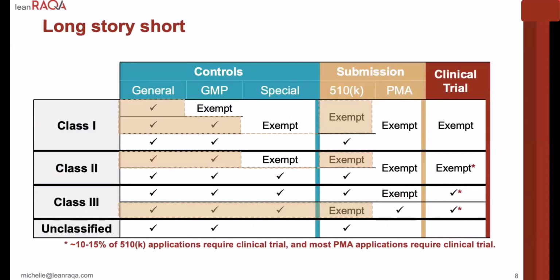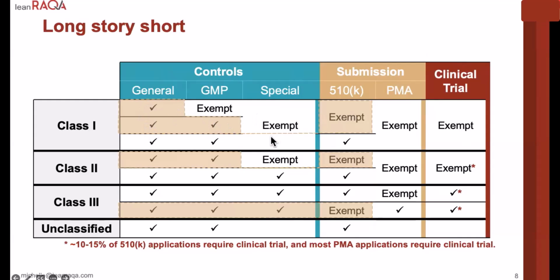So to make a long story short, you have three basic product classifications, but as a result of the 3 different types of controls and the 2 different types of submissions, really 3 if you count de novo, and the clinical trial requirements, you could see there's a myriad of combinations of controls and exemptions.